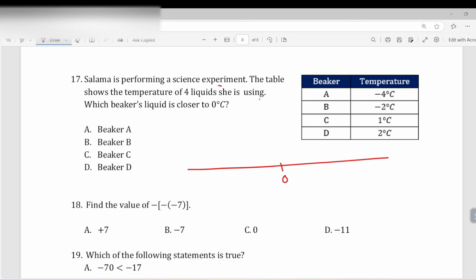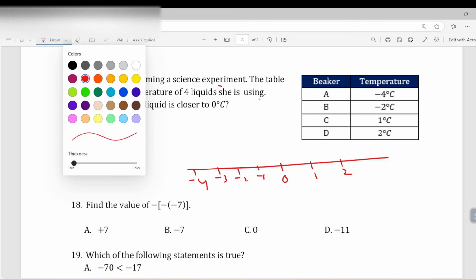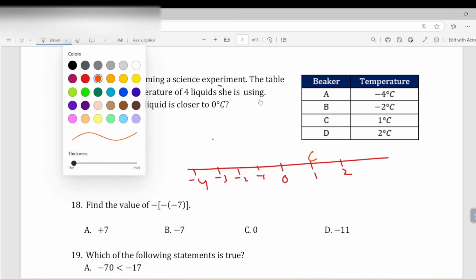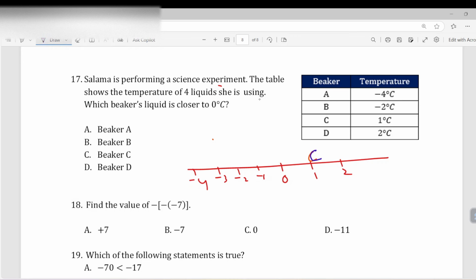You see, 0, 1, 2, minus 1, minus 2, minus 3, minus 4. 1 degree is C. Minus 2 degrees is D. Minus 2 is B. Minus 4 degrees is A.